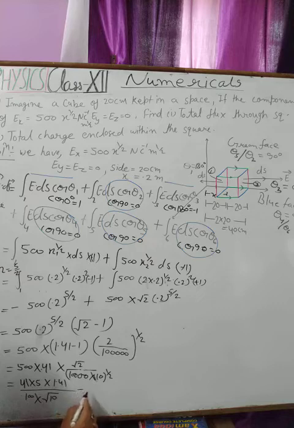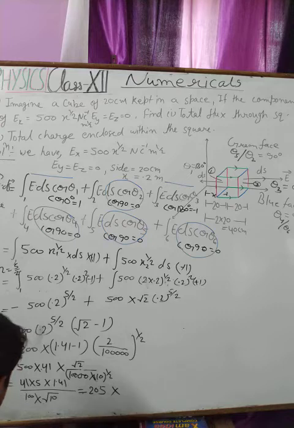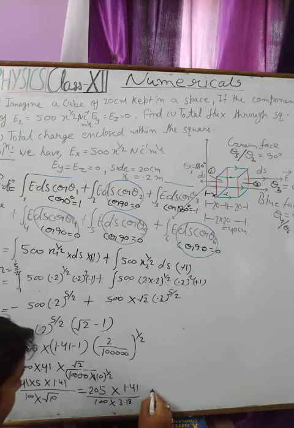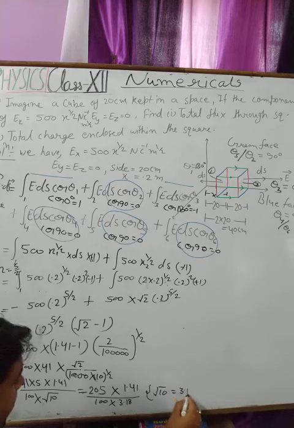Now we have 205 into 1.41 upon 100 into 3.18. The value of under root 10 is 3.18.